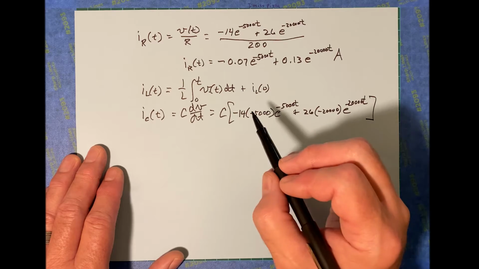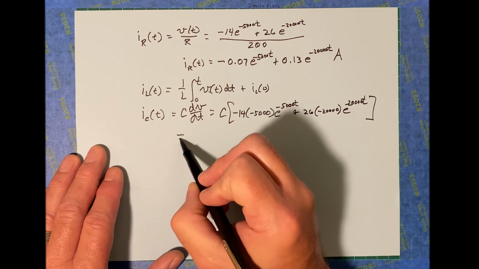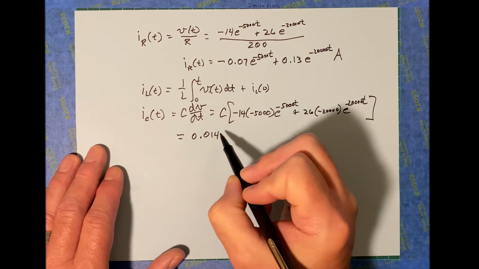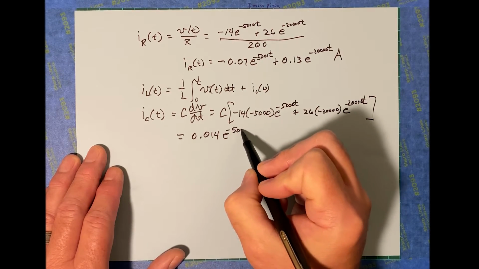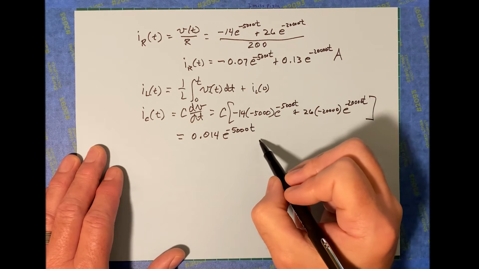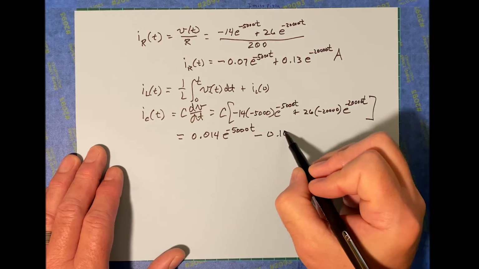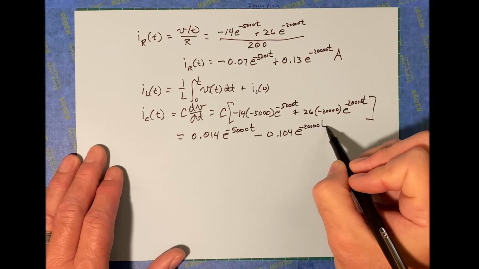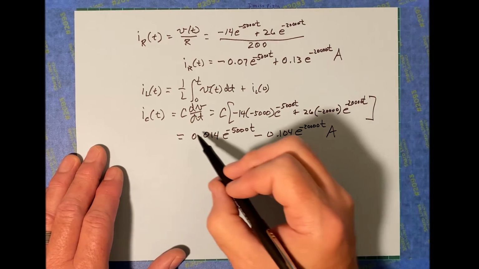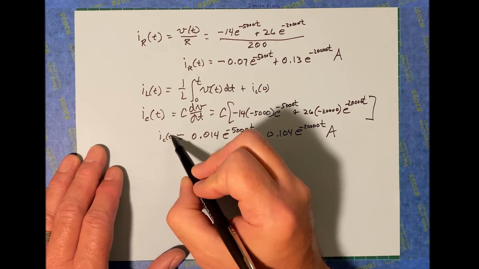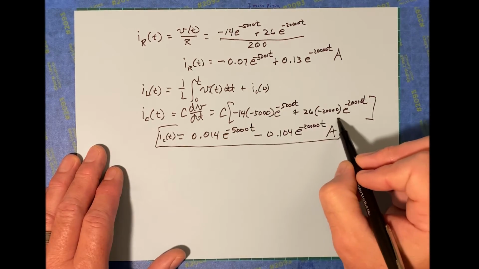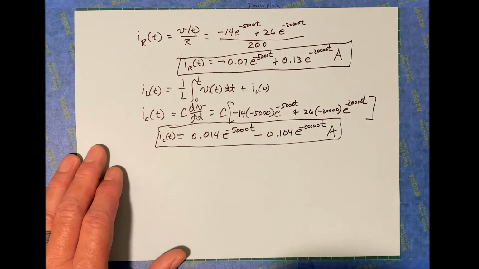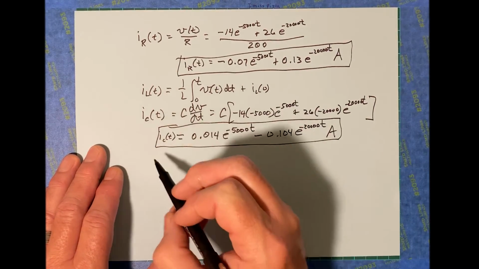Do the multiplications here, and you'll end up with an expression that looks like this, I believe: 0.014 e to the minus 5,000 t minus 0.104 e to the minus 20,000 t amps. So that's I sub C of t. Up here we have I sub R of t. Now let's get back to I sub L.